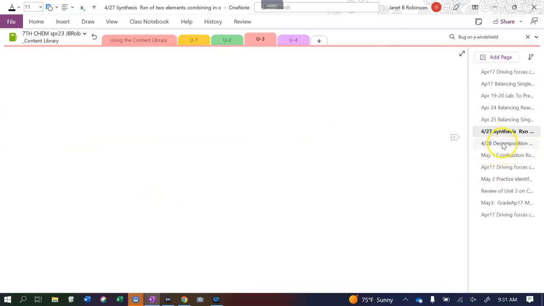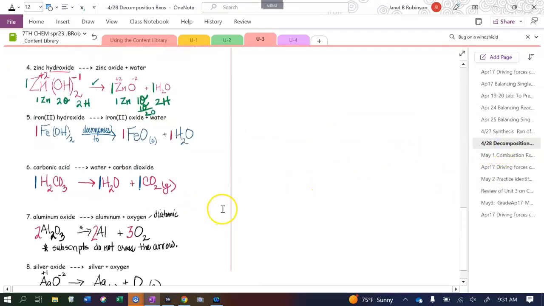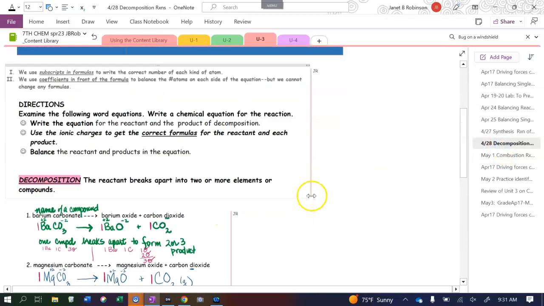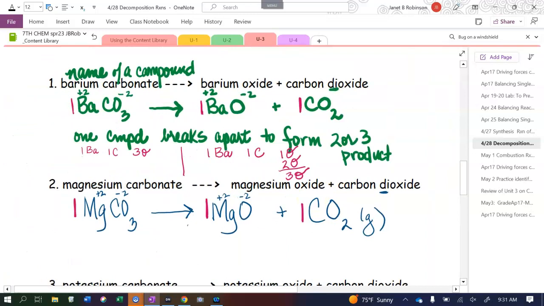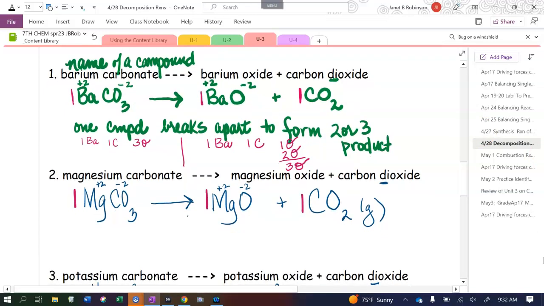Then we got to these pesky decomp ones that weren't hard, but they're odd. Yesterday, we were talking about how you would even know what they decompose into. And the answer is you wouldn't know. That's why I gave you the products, each time.